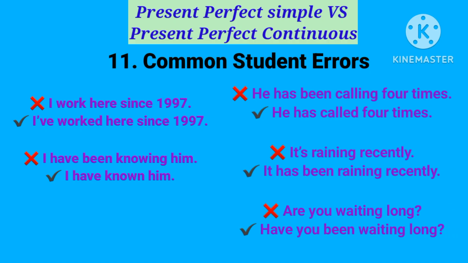Don't say, he has been calling 4 times. Say, he has called 4 times. Don't say, it's raining recently. Say, it has been raining recently. And do not say, are you waiting long? Say, have you been waiting long?